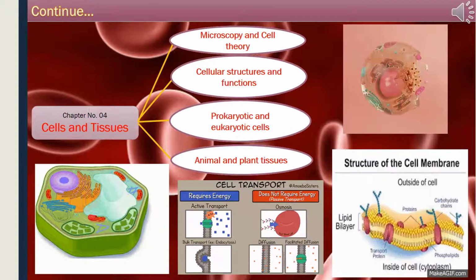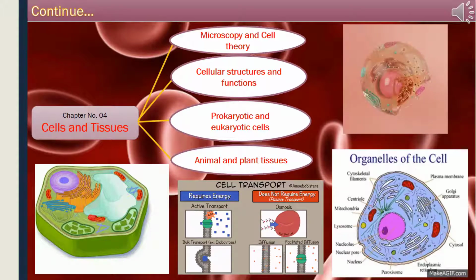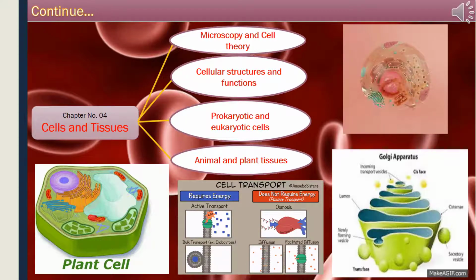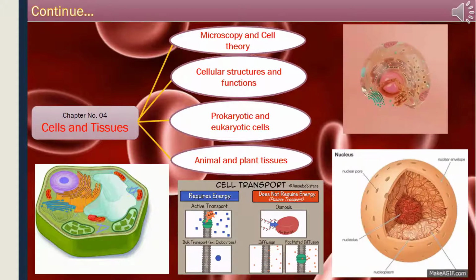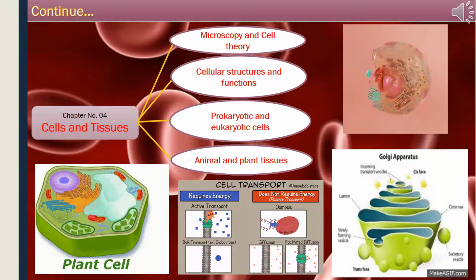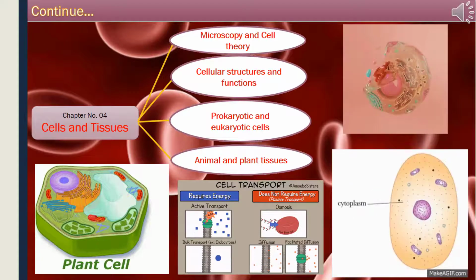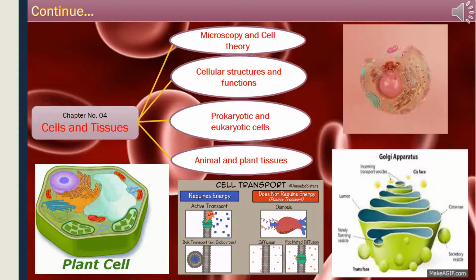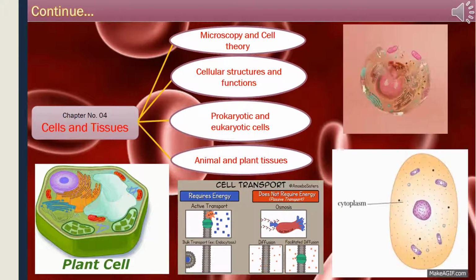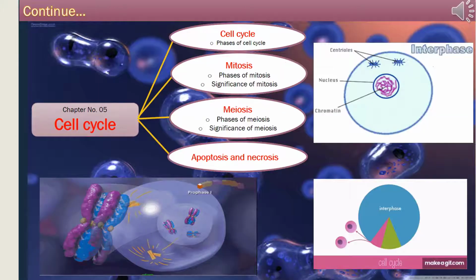Chapter number 4 is cells and tissues. In this chapter we will discuss microscopy and building of cell theory. Also we discuss cellular structures like mitochondria, nucleus, plastids, etc., and their function in plants, animals, and other living organisms. We will also discuss prokaryotic and eukaryotic cells and different animal and plant tissues.